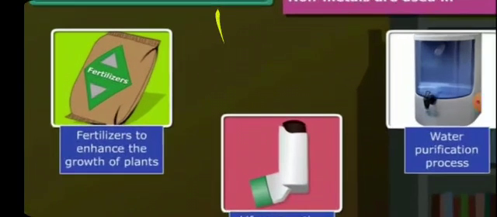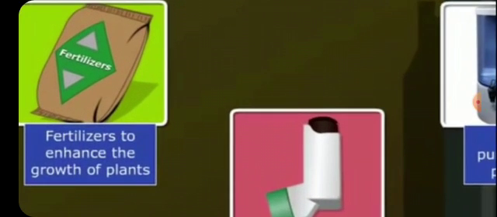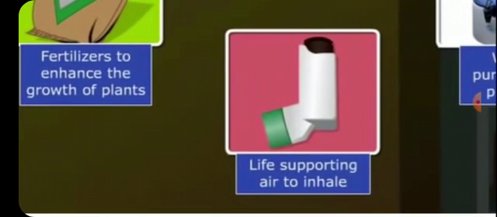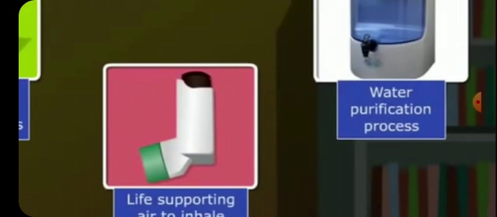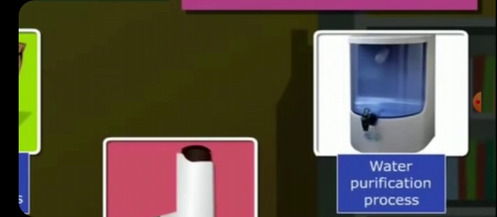Non-metals are used in fertilizer to enhance the growth of plants. NPK fertilizer, you might have heard the name. Non-metals are used in life supporting system. Life supporting system use oxygen for respiration. Oxygen comes under the category of non-metal. Water purification process.